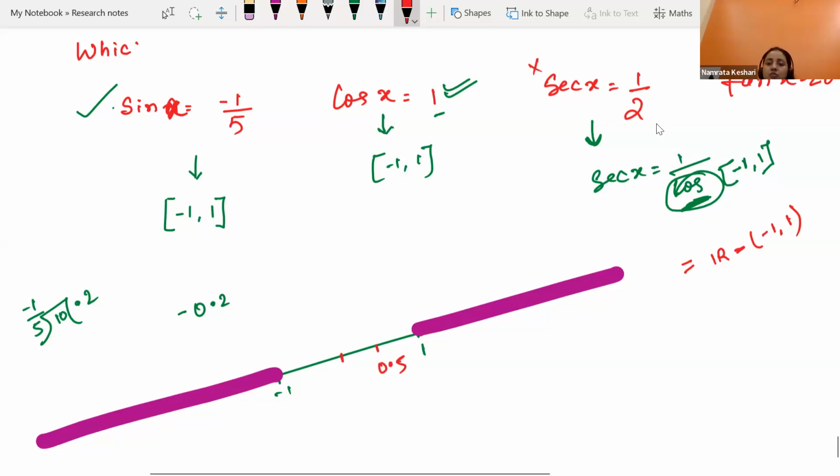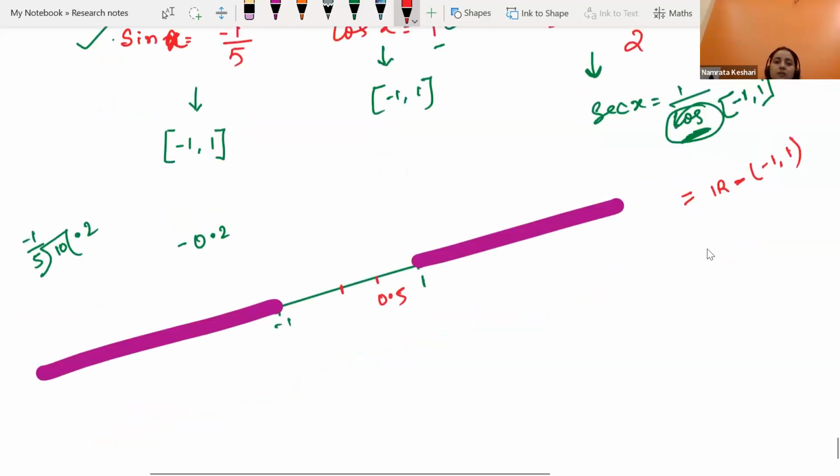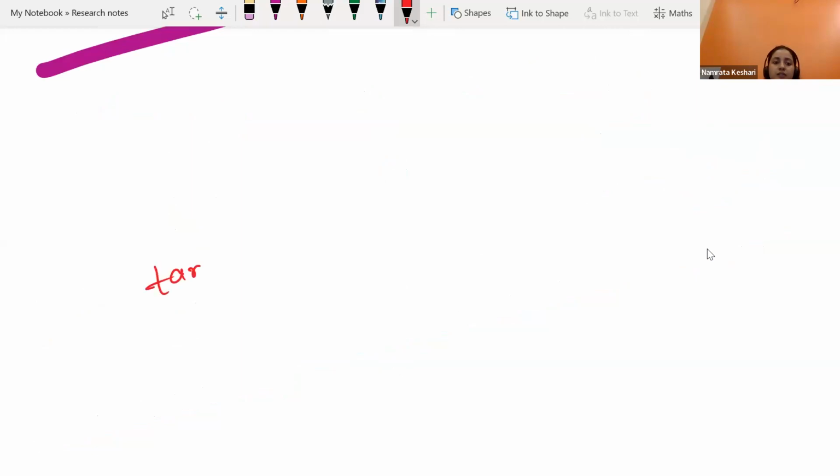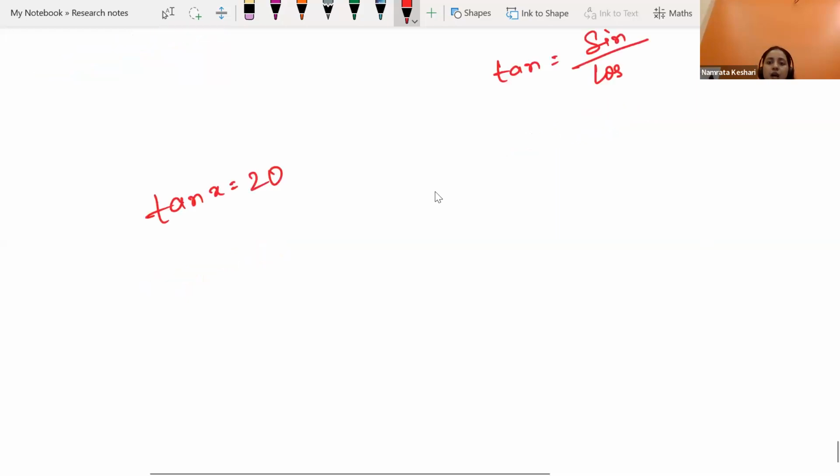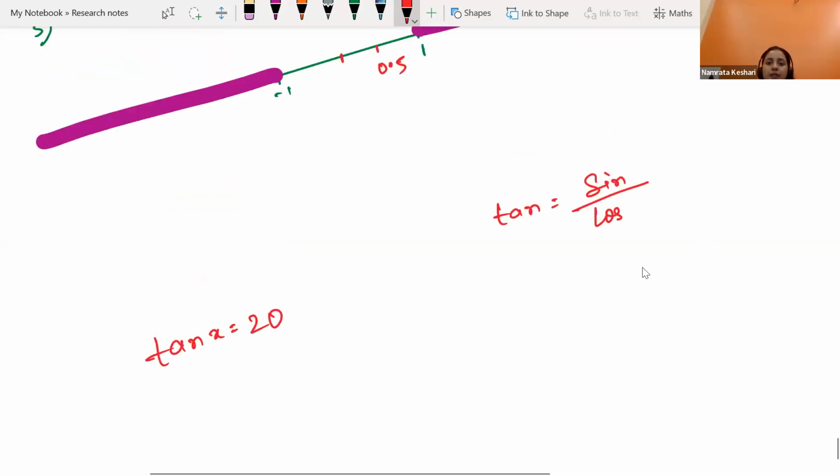Now let's check the last option also. Tan x is 20. We have already discussed that tan is the combination of sine and cos, and what the possible output for tan is. Domain and range, who will say? What is the domain and what is the range for the tan function?